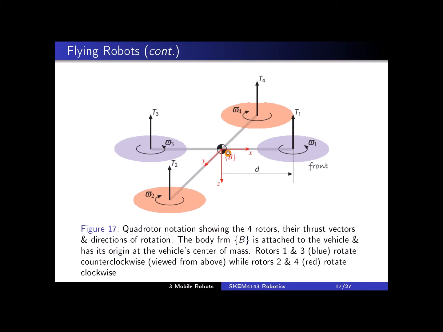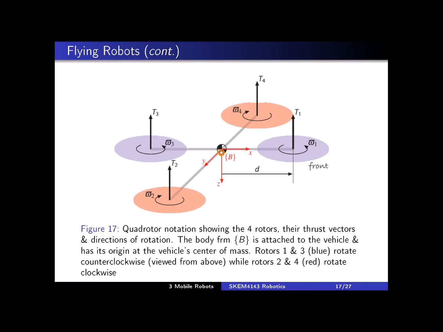And this is the body attached coordinate frame. X is the heading. That means this points to the front of the quadrotor. This is Y and this is Z. So this is body attached, which means this coordinate frame you can imagine as being affixed to the quadrotor.